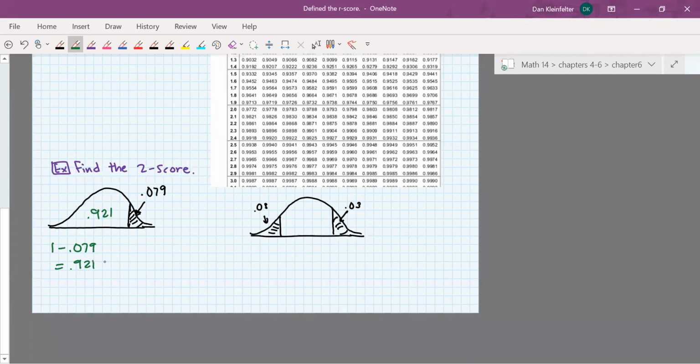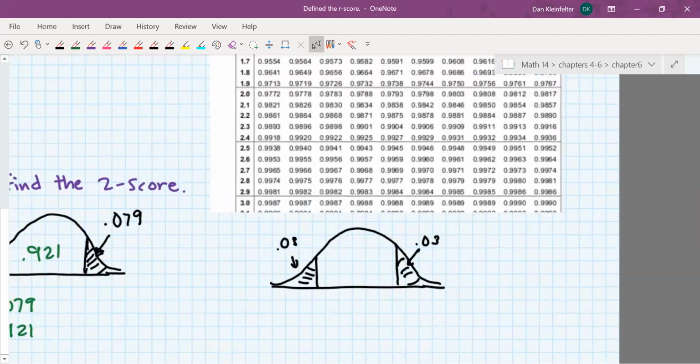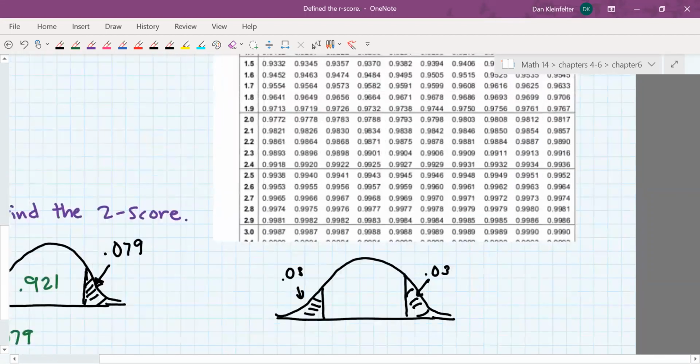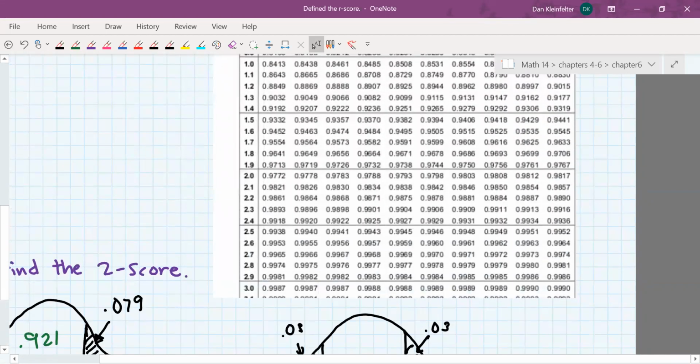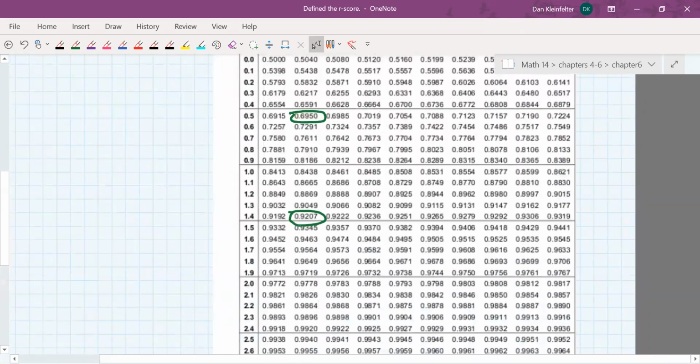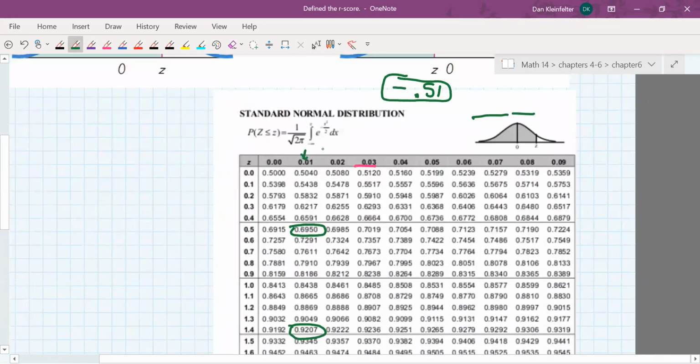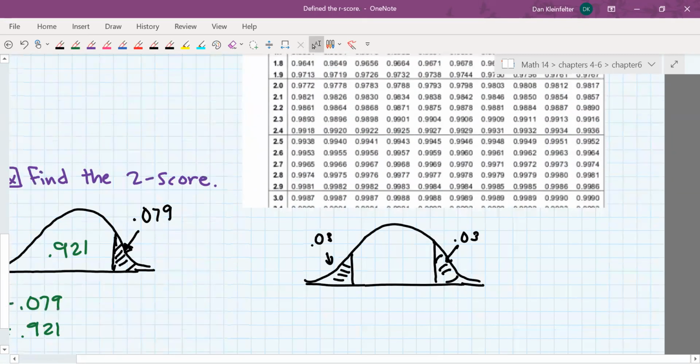Looking in the body of the table for 0.921, or what's closest, 0.9207, 0.9221. It looks like 0.9207 is going to be the closest, so 1.41 for our z.